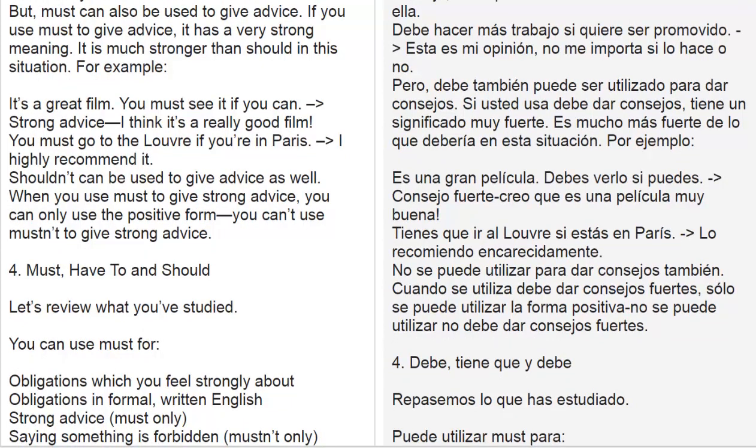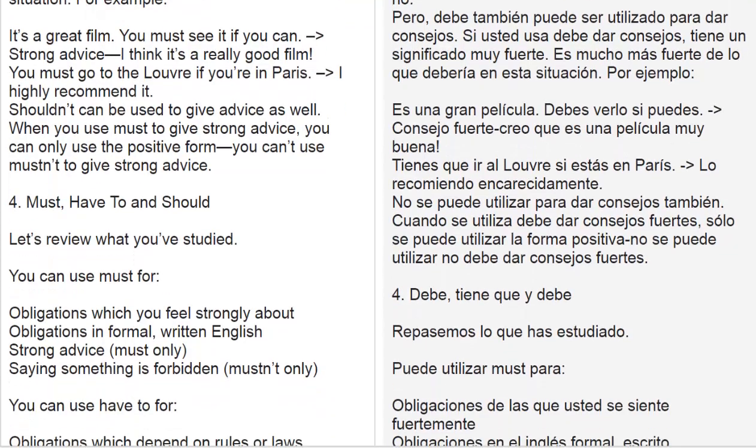You must go to the Louvre if you're in Paris. So I really recommend it. I think it's necessary. Shouldn't can be used to give advice as well. When you use must to give strong advice, you can only use the positive form. We don't use mustn't to give strong advice.